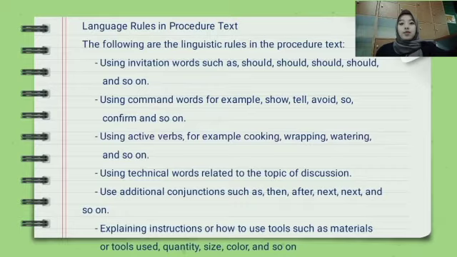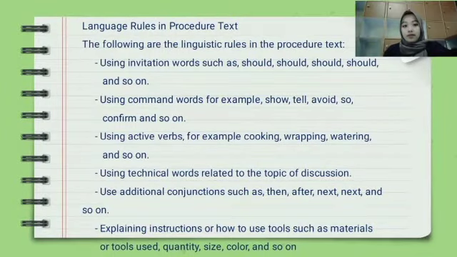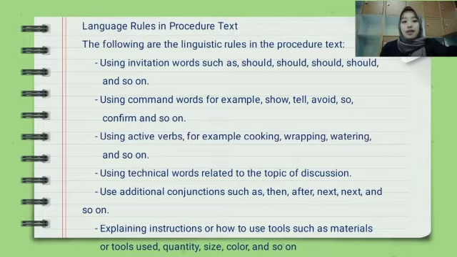Using technical words related to the topic of discussion. And use additional conjunctions or next, and so on. And then explaining instructions or how to use tools such as material or tools used, quantity, size, color, and so on. And the next is Nadhifa.